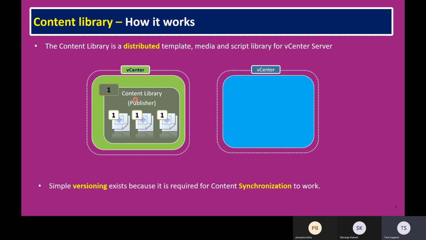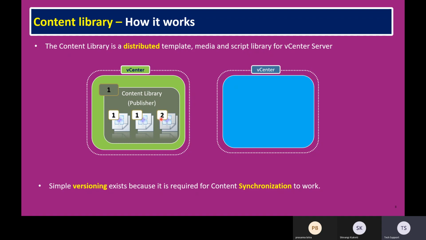In this publisher content library, we have multiple templates, all configured for the first time, so the version is also represented as version 1. Suppose after some time we make changes on one of the templates. When we do the change, the version changes to 2.